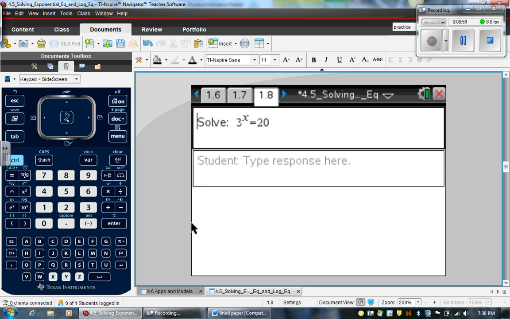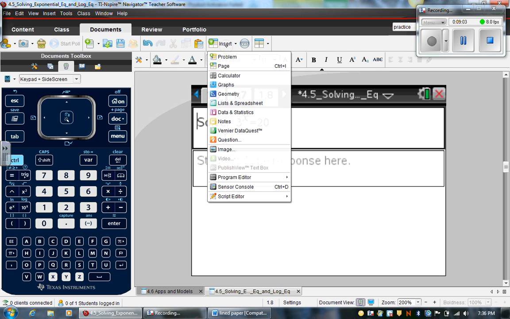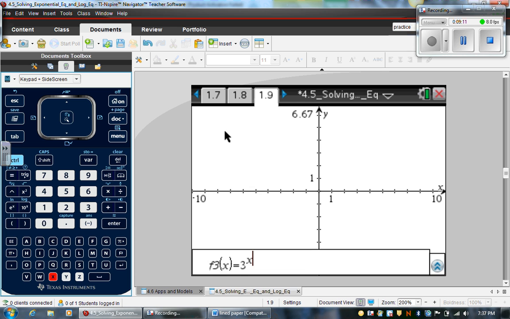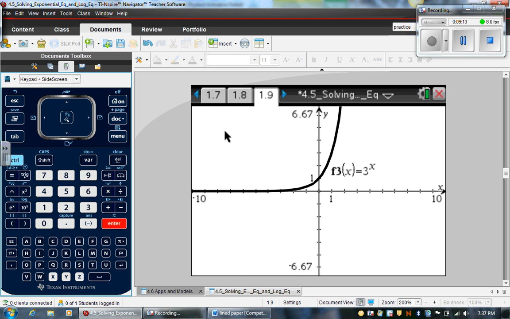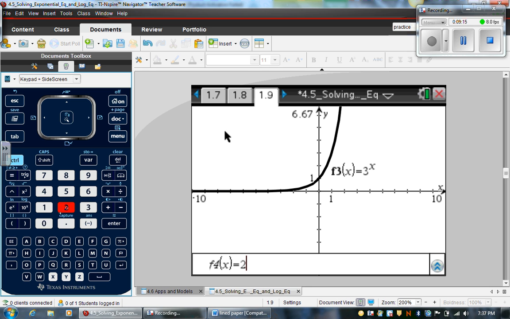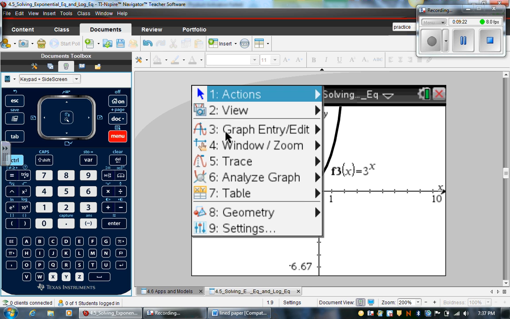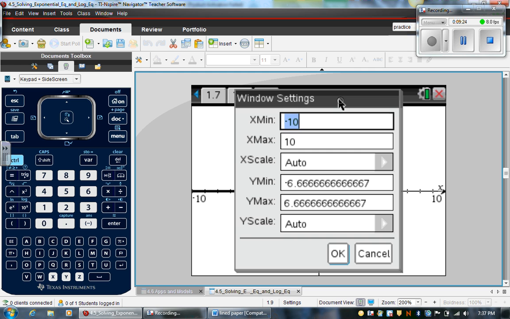Now, just like before, we could solve this graphically as well. So we're going to see what that's going to look like. Go ahead and insert a graph page. Just like before, we're going to graph the left-hand side of the equation, 3^x, and we're going to graph the right-hand side of the equation, 20. And again, since that 20 is out of my viewing window, I do need to adjust that.